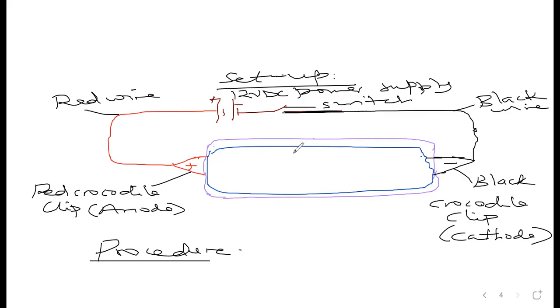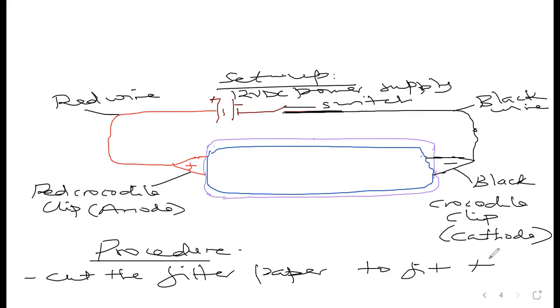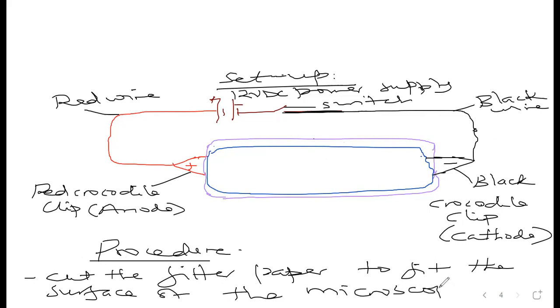Remember, the filter paper is circular, so you cut it from this rectangular shape so that it fits the surface of the microscope slide. That's what you do first.